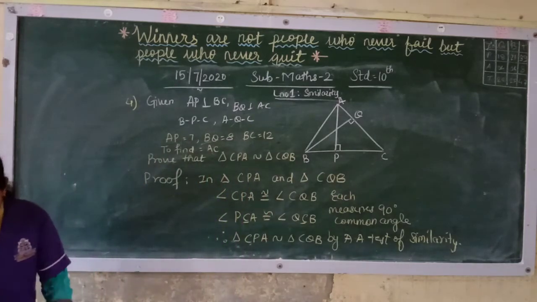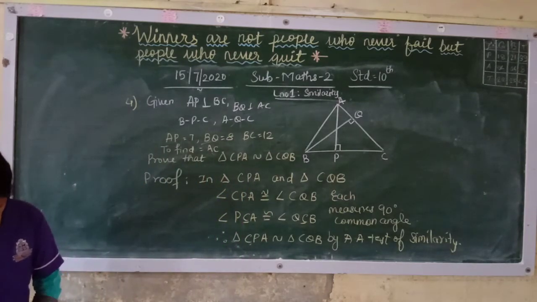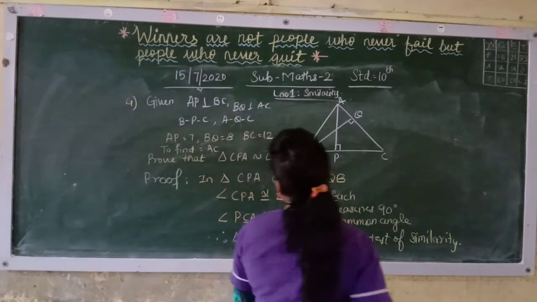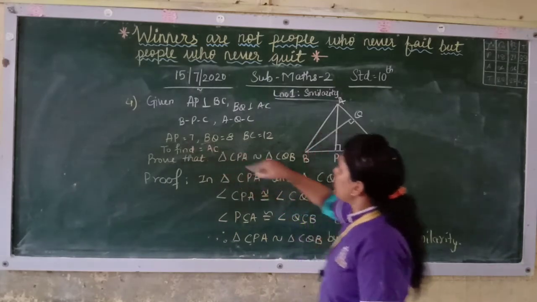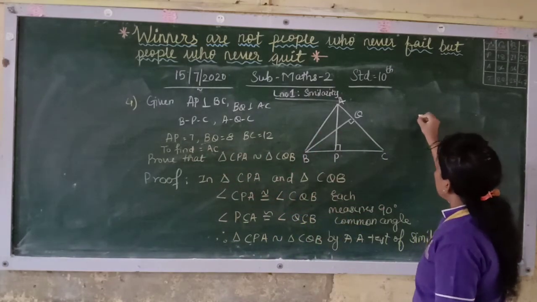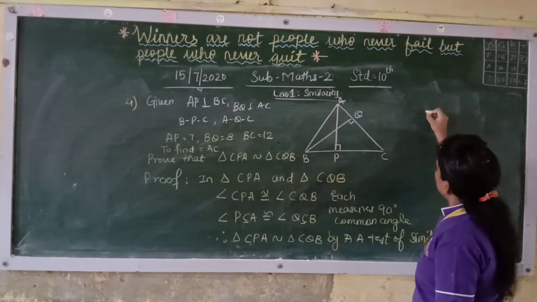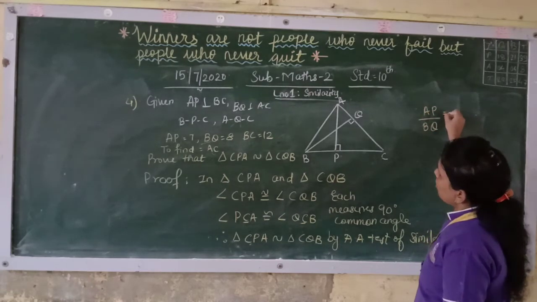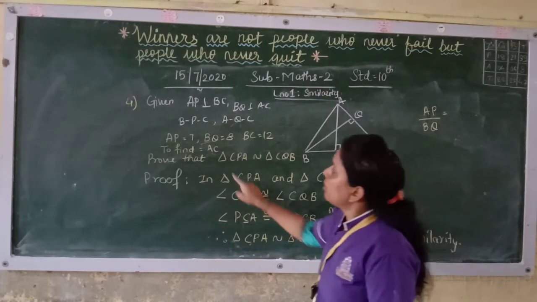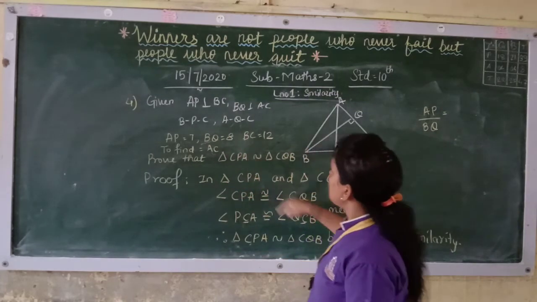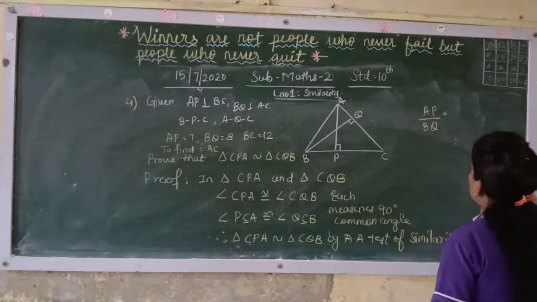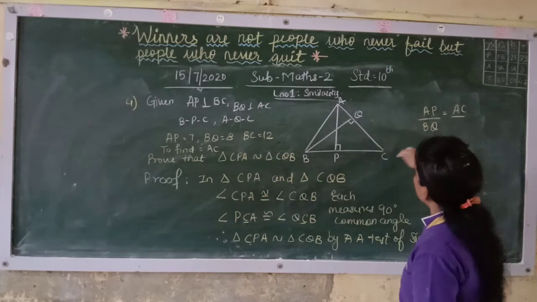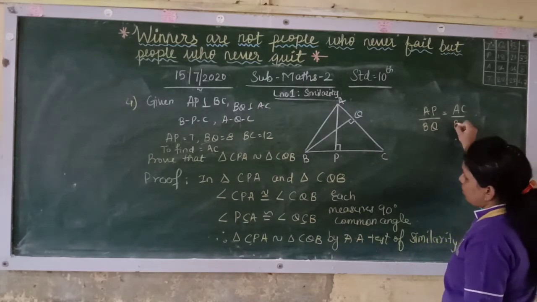Now further, what they have given, see these sides they have given. So what here you will get, therefore AP upon BQ is equal to AC upon BC.